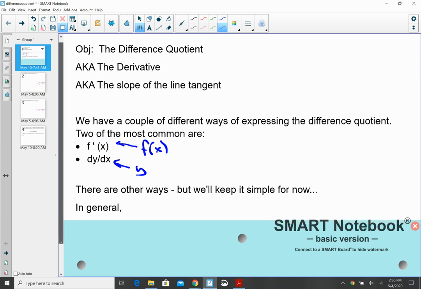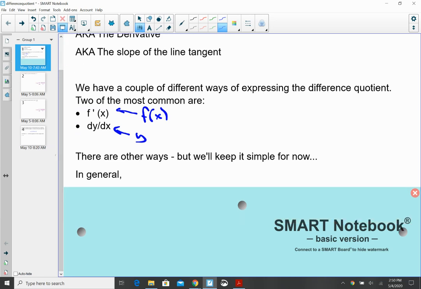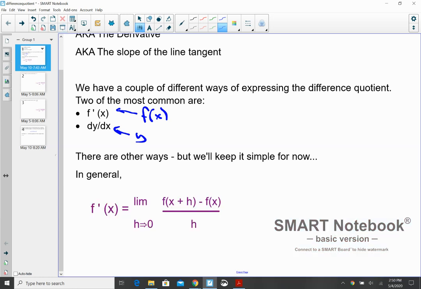Now, let me scroll down here, and there's going to be a little bit of a formula very similar to the one that we had yesterday for instantaneous rate of change. It's another way of expressing instantaneous rate of change. Now, if I just look at this without even knowing any kinds of function here, as h is going to 0, that guy's going to 0.